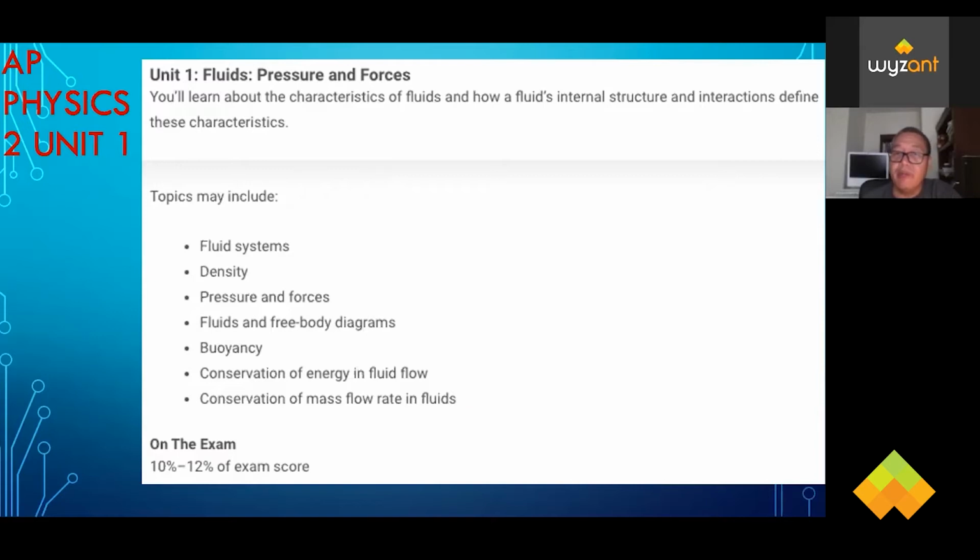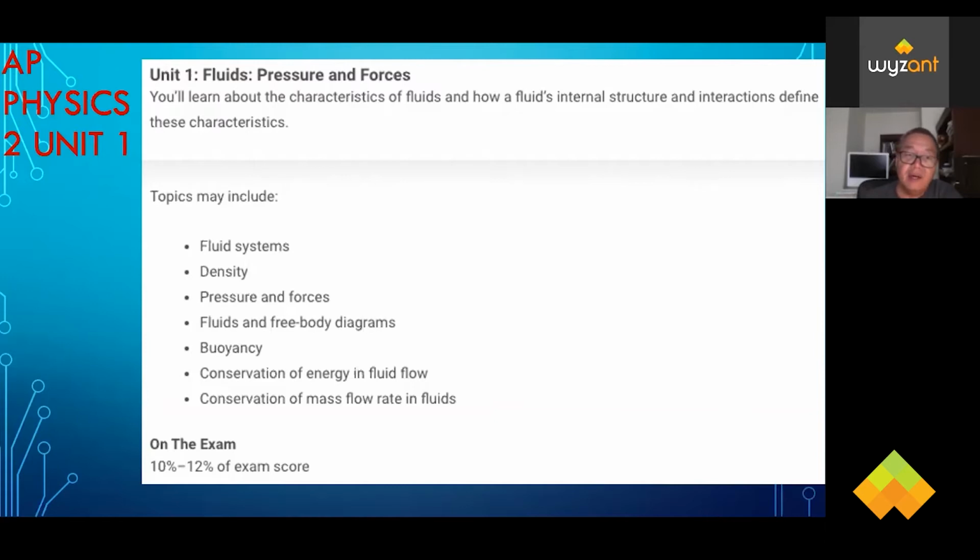So the topics included are fluid systems, density, pressure and forces, fluids, and fluid free body diagrams. Free body diagrams are very, very important. Almost every AP Physics test, like AP Physics 1, AP Physics 2, and AP Physics C, you need to know how to draw free body diagrams and how to analyze them.